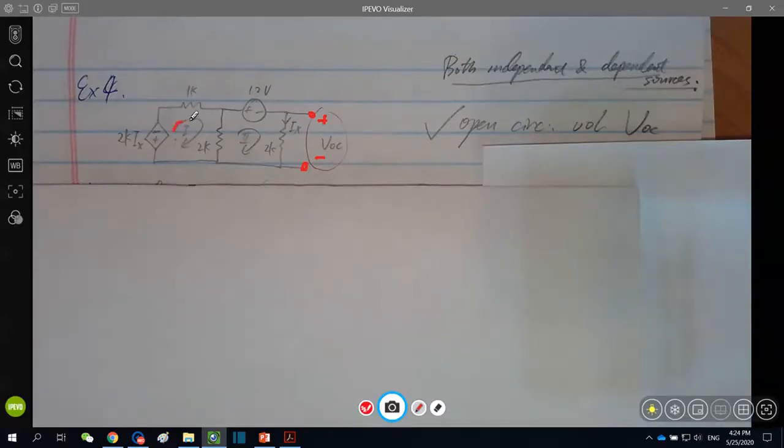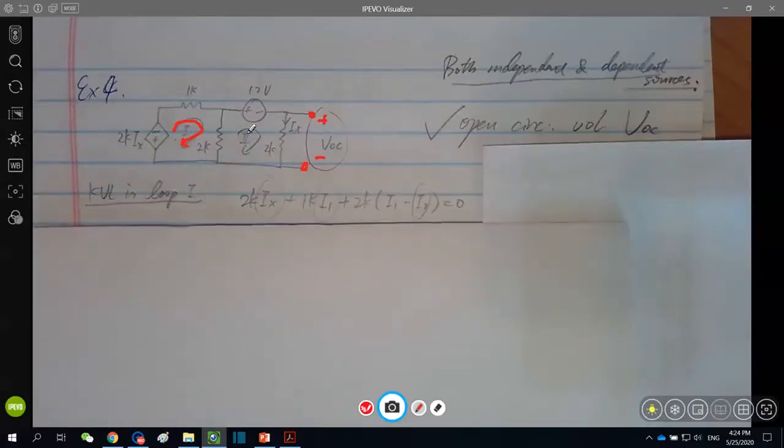First mesh, rotating clockwise, we are coming across 3 voltage terms. One is the dependent voltage source with voltage value of 2K IX. We are coming across the positive terminal first due to the rotation direction, so it's positive 2K IX.